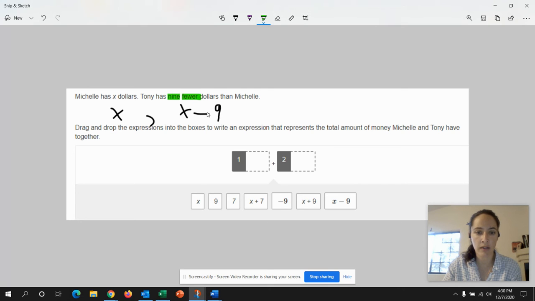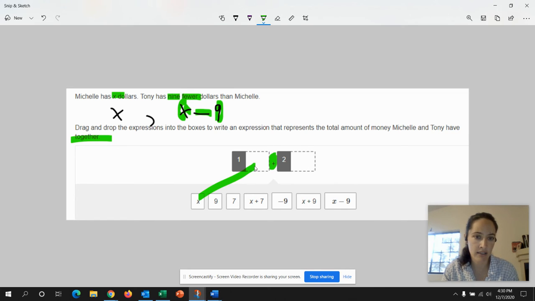This is 9 fewer than Michelle. Michelle has X. So drag and drop the expressions to represent the total amount of money that Michelle and Tony have together. So they're adding Michelle's money, which is X, and then Tony's money, which is X minus 9. There you go.